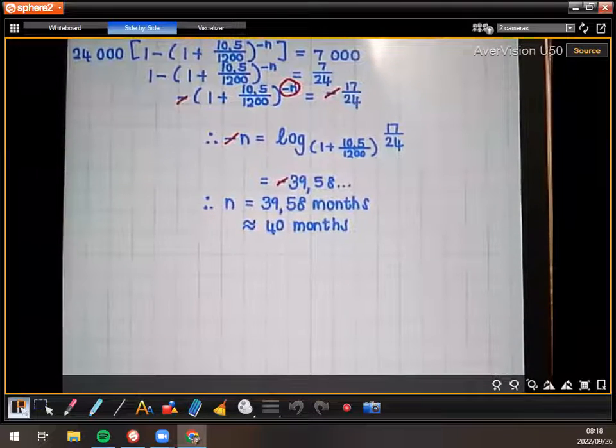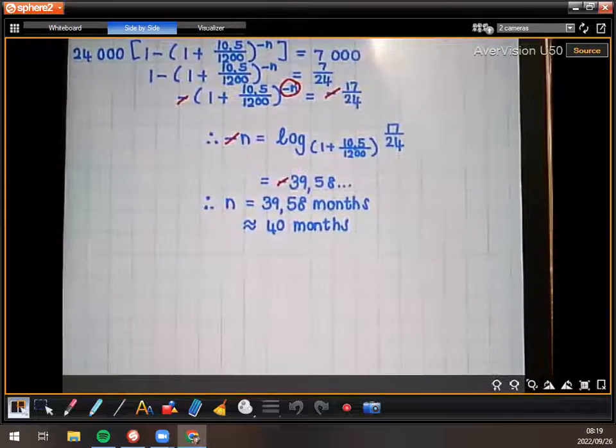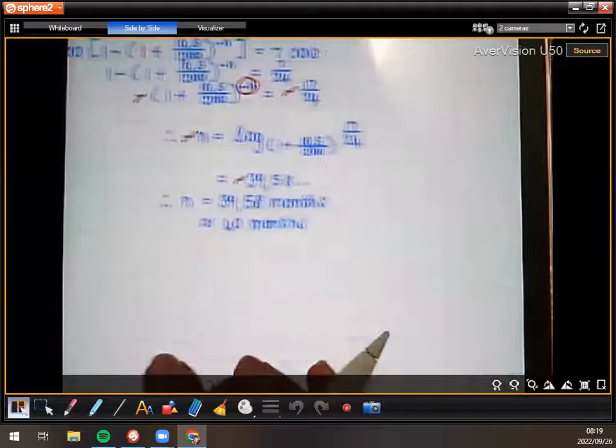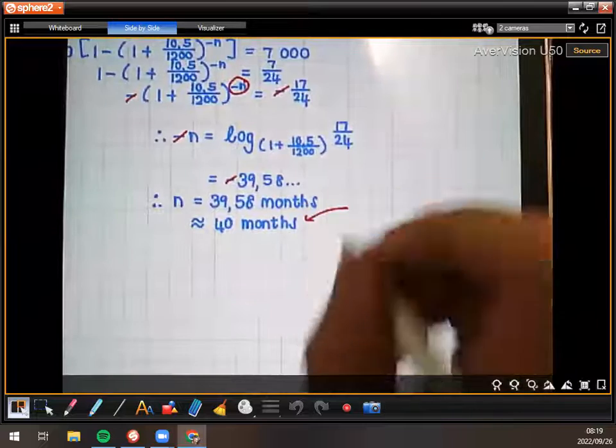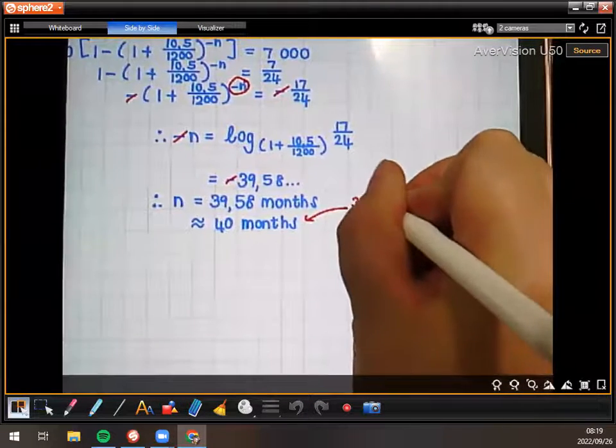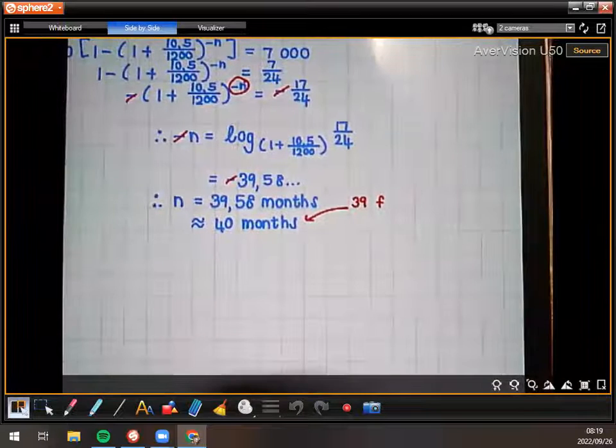But that doesn't mean that they're gonna pay at the 0.58 mark of the month, right? They are gonna make that last payment at the end of the next month. So you are going to actually have to pay this off over 40 months. So what this means, I'm just going to make a note on the side, is, and I think we did write this down last term before your exams.